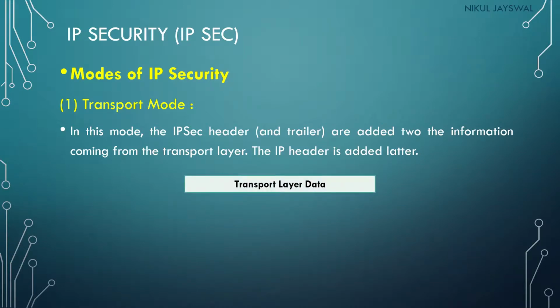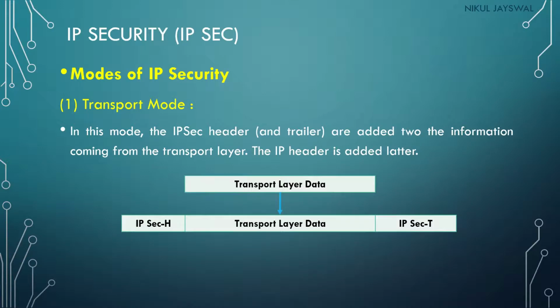Let's suppose this is the transport layer data. We have 7 layers, so from the transport layer, the data will come to the network layer. What IPsec will do is add the IPsec header and the IPsec trailer here, and the whole data will be encrypted, and the encryption mechanism and information will be stored in the IPsec.